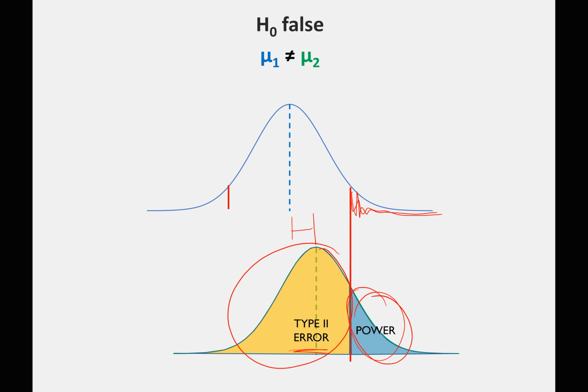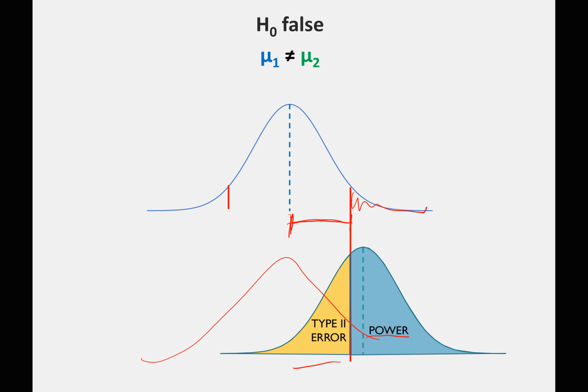So this shows us that if our effect size is small, we have a little power and a lot of chance of making a type 2 error. If our effect size is really big, we're going to have a lot of power and a smaller chance of making a type 2 error, right?